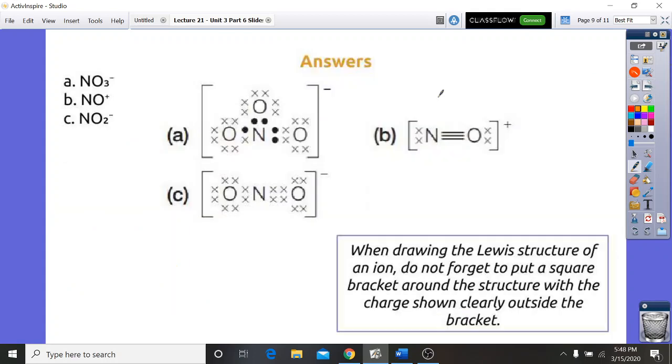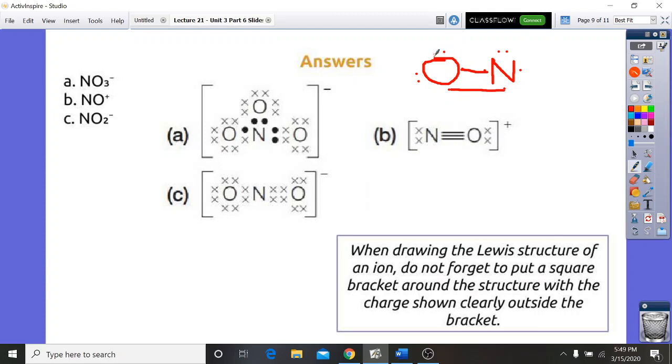I'm going to use the next slide where you see some answers. NO+. Here's N. And here is O. I see I can go like this and like this.